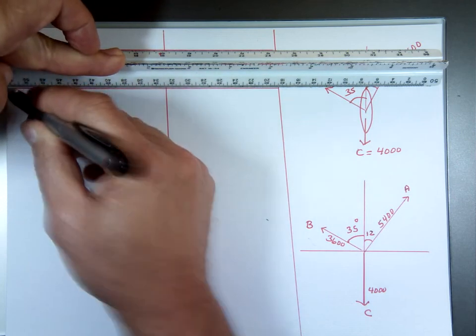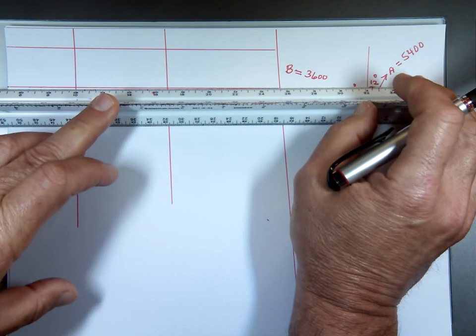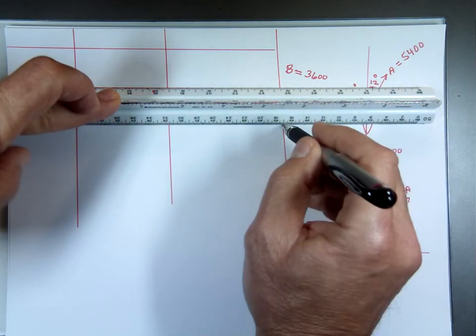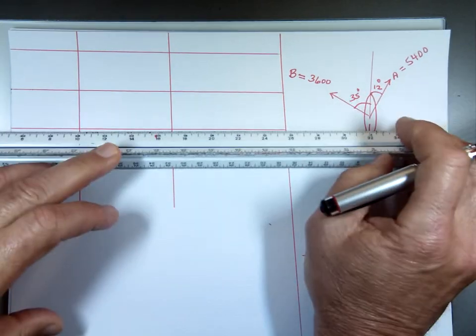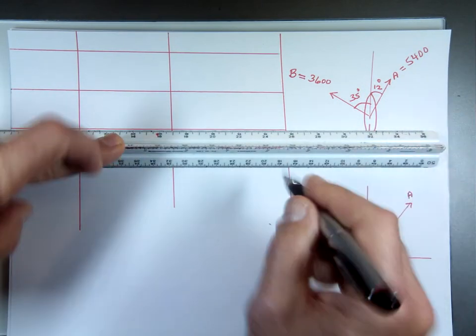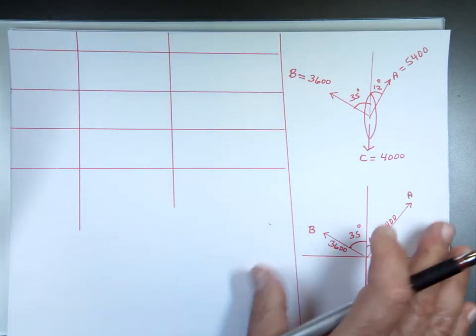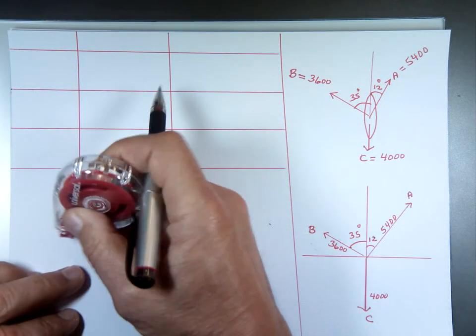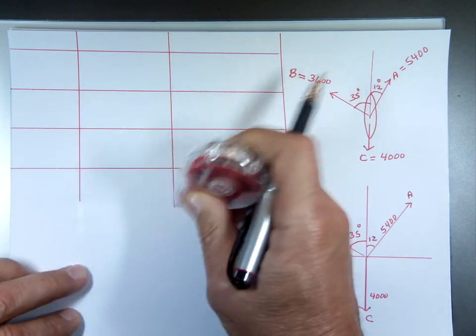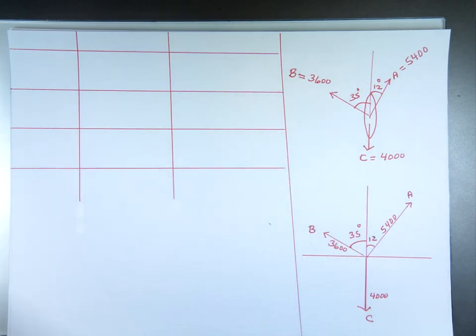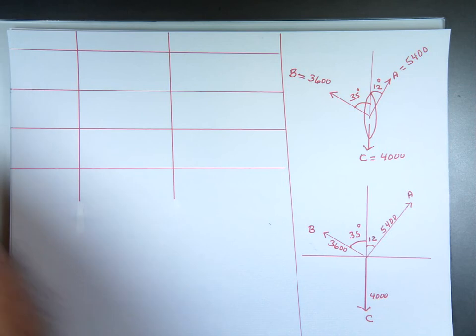The next one, and the third one. That's it. The first column is going to have the name of the vector in it.